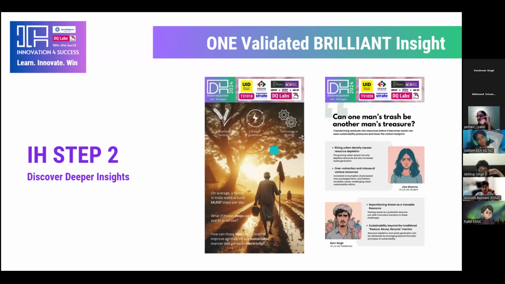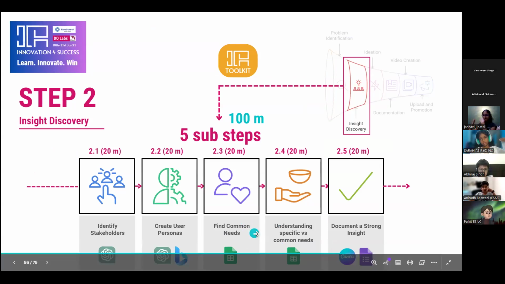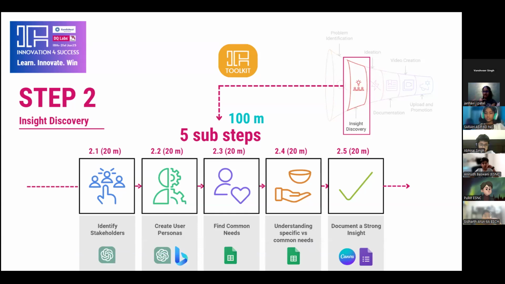So, those are the needs that have been identified here. And that is something that you'll have to think about. And you'll again be getting a couple of prompts, and you'll be able to brainstorm within your group itself to understand what common needs could be found.